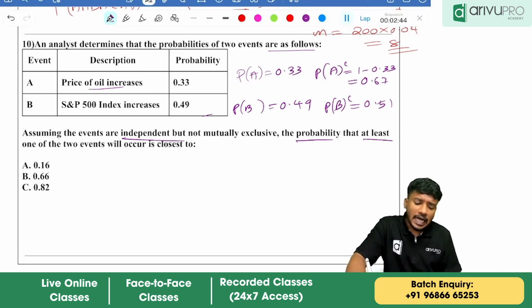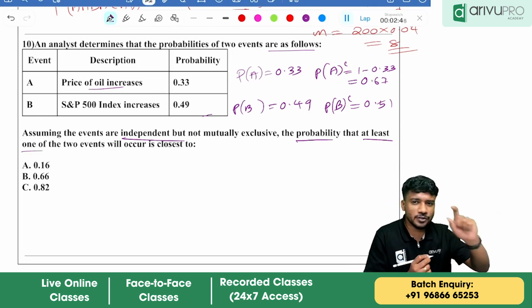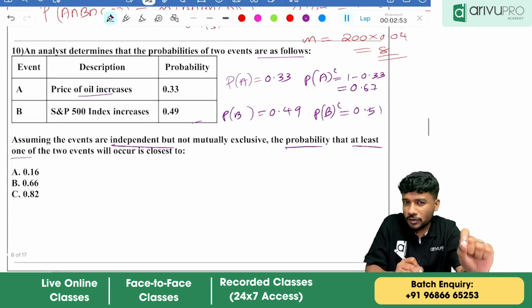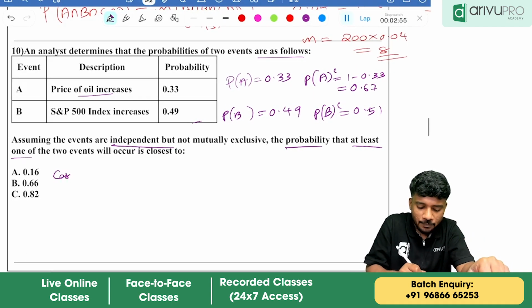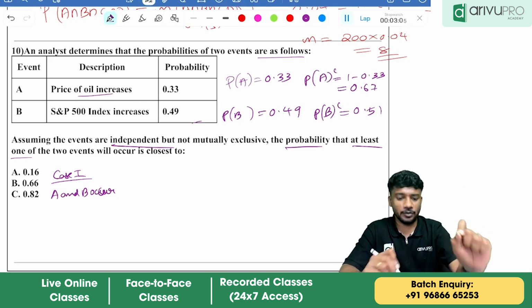Probability that at least one of the two events will occur is how much? At least one of the two events should occur. That means case 1: A and B occur. Since it is at least one, one or more events can happen.